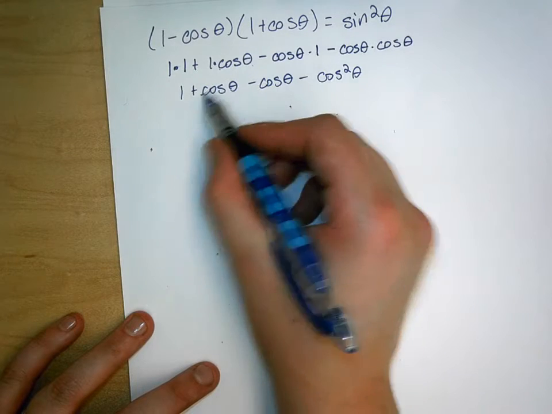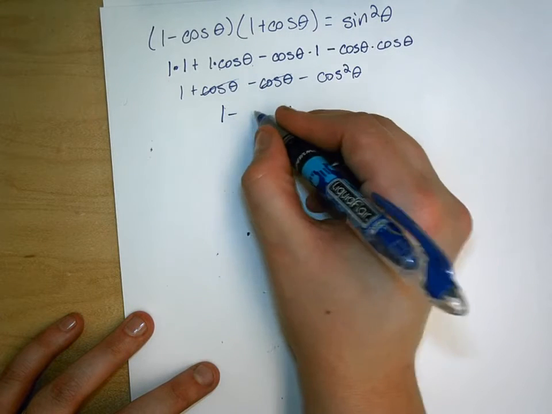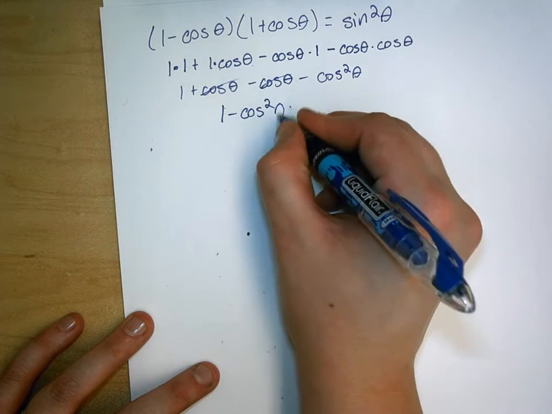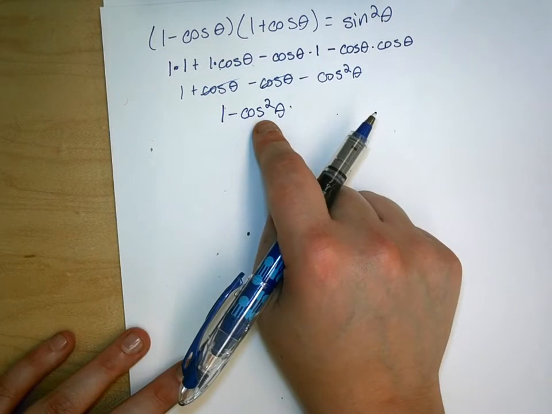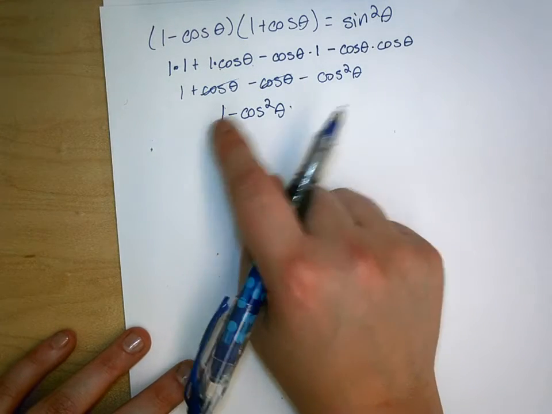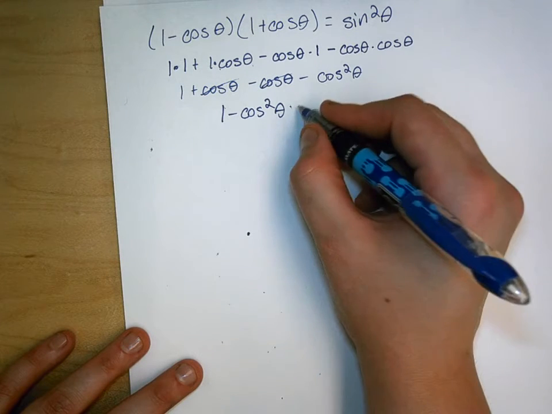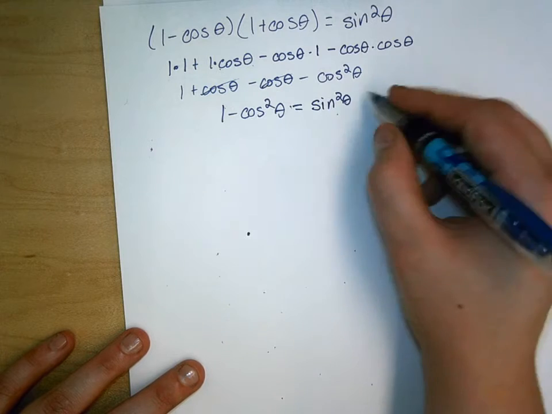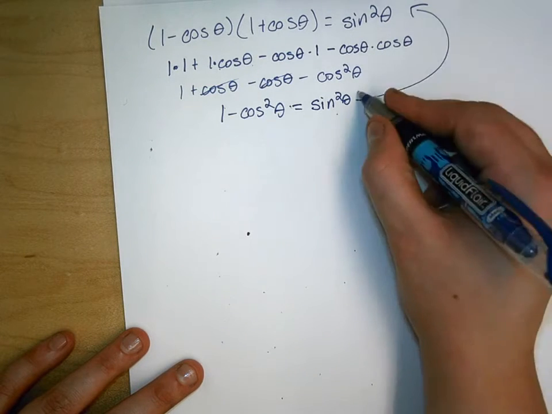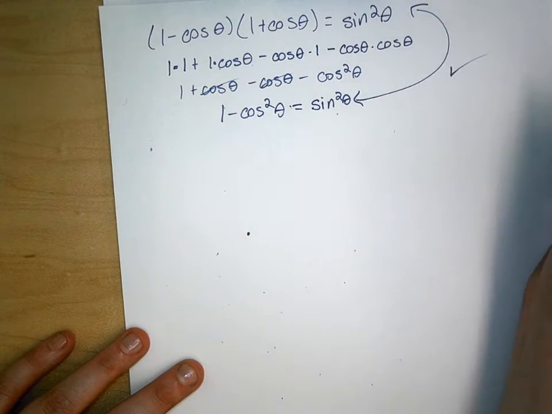Okay, these cosines go away, and I get 1 minus cosine squared theta. Okay, but remember I have a Pythagorean identity that tells me that 1 minus cosine squared theta is the same as sine squared theta. Okay, so this equals this, and the story checks out.